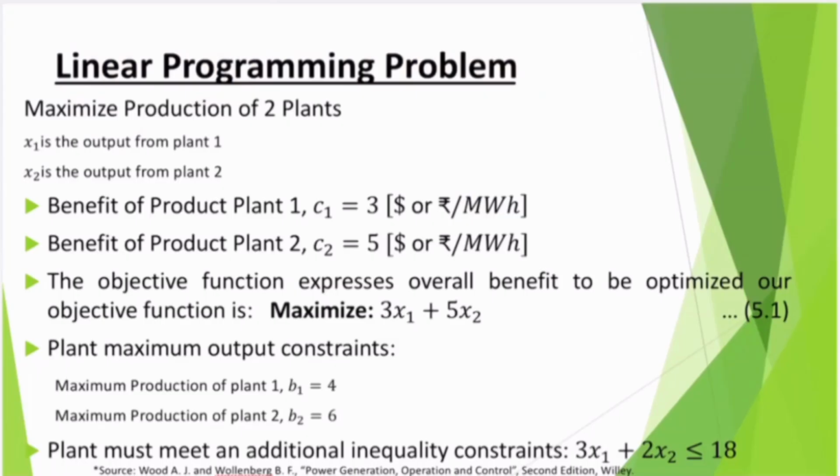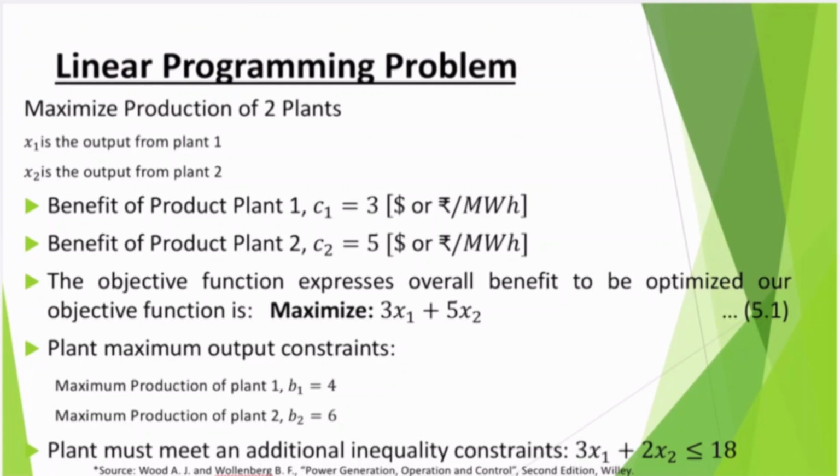Now, first of all, when I talk about linear programming problem, we'll try to understand a very simple example. If I'm interested to maximize the production of two different plants, or I have to minimize the cost of two power plants, then we need to express those in the form of equations.